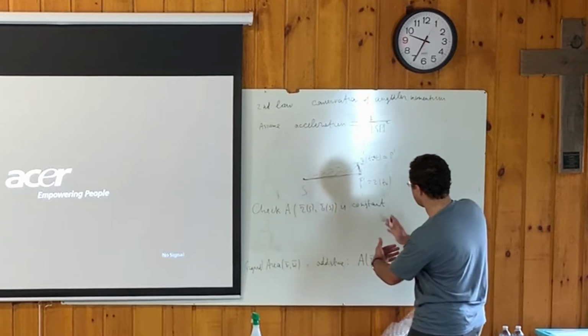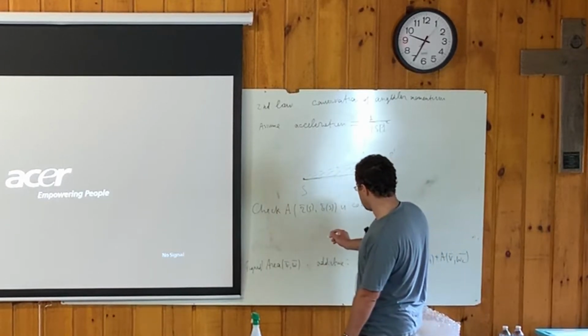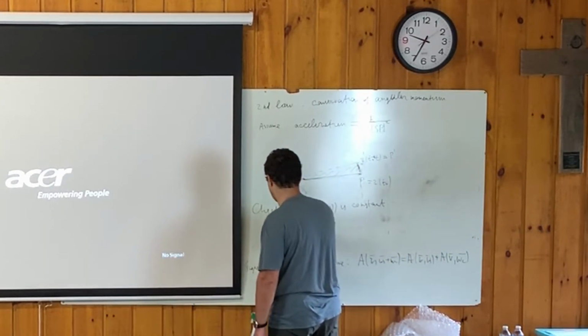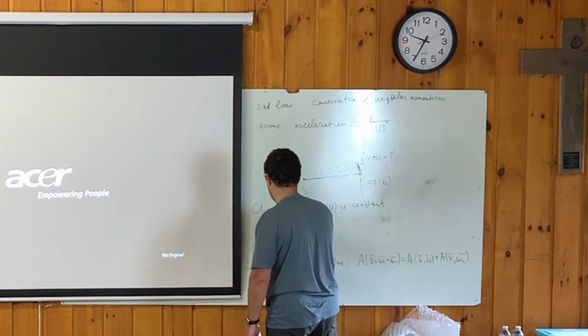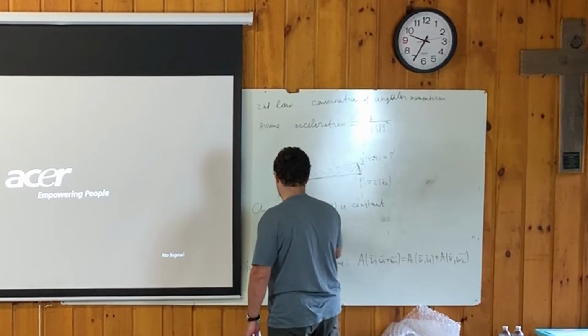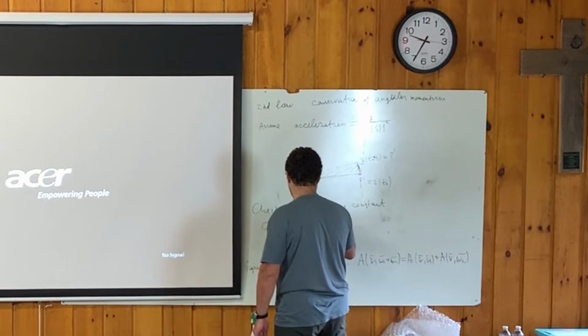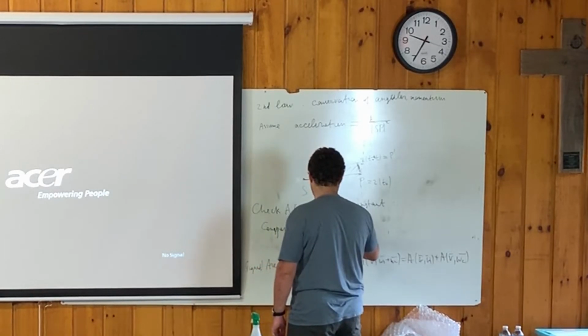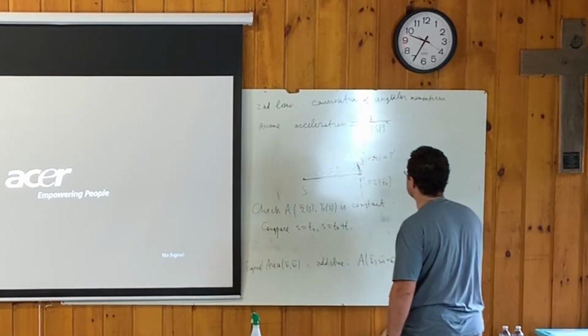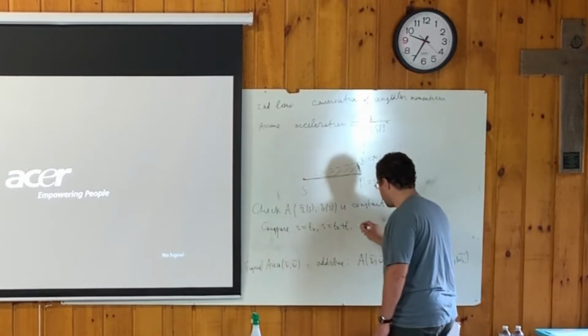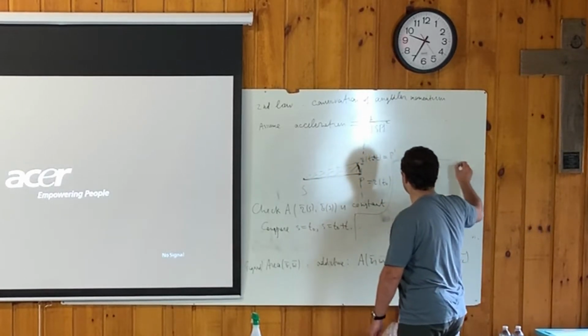And for this, I again look at this infinitesimal change. So compare s equal to t0 and s equal to t0 plus t. Well, and now we do our final calculation.